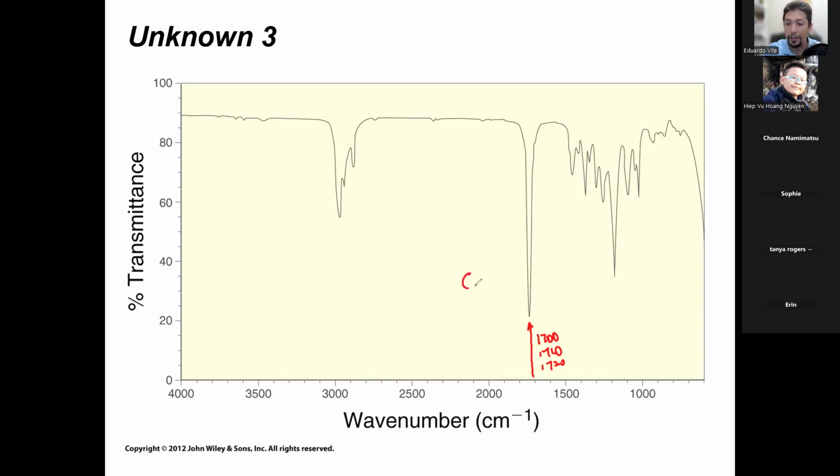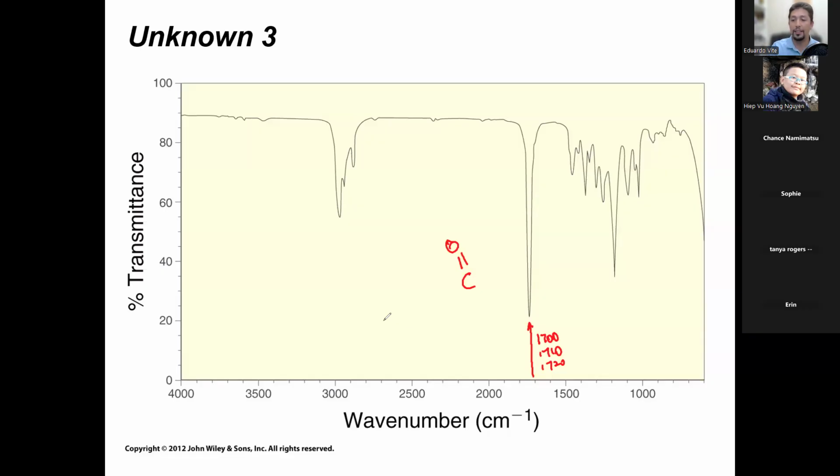So if it's a carbonyl, what type of carbonyl? Is it a carboxylic acid carbonyl? Do we see the wizard's beard? No wizard's beard, right? So this is not a carboxylic acid carbonyl. Do we see a carbon-oxygen single bond of an ester?